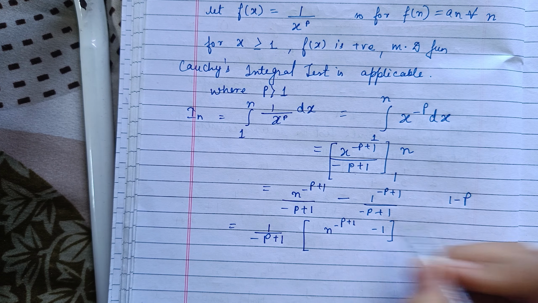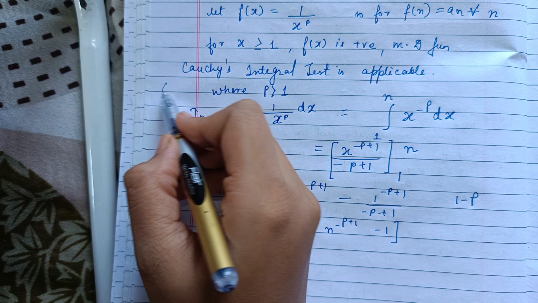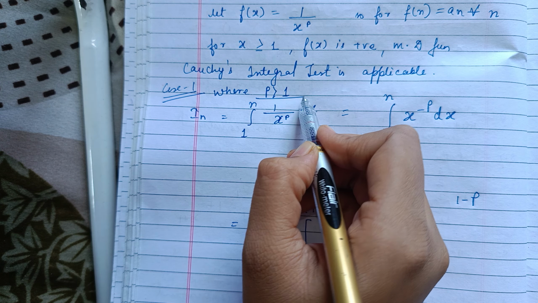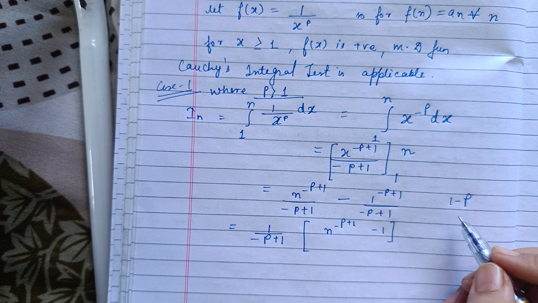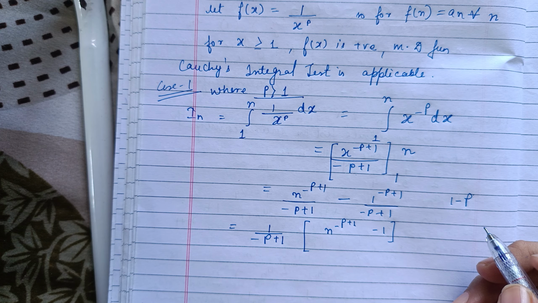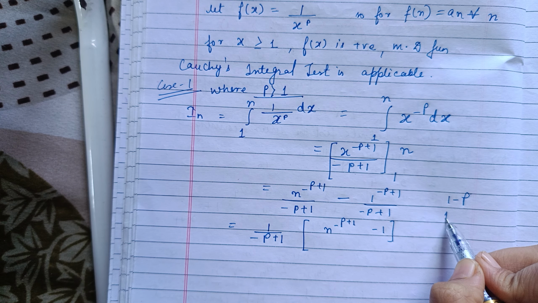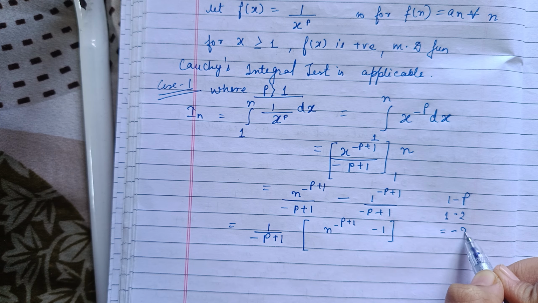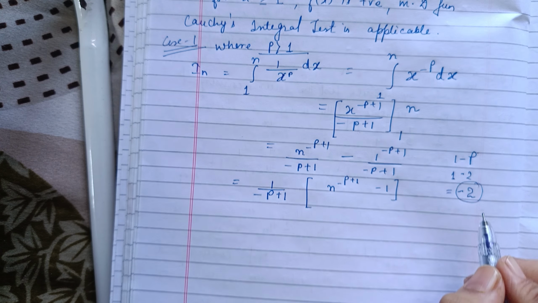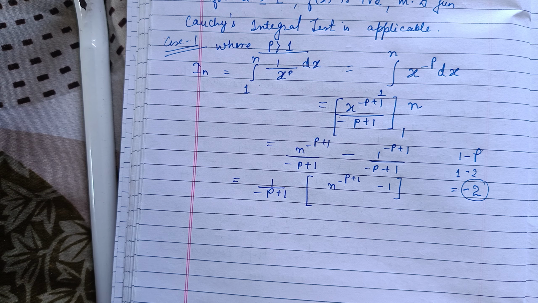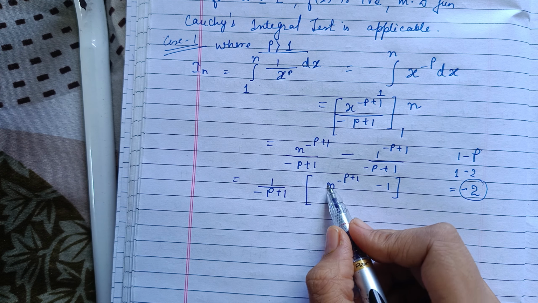All right. Now this is actually 1 minus p. Now we have taken case 1 where p is greater than 1. If p is greater than 1, then this entire value will give you a negative result. See, if p is 2, greater than 1, 1 minus 2 will give you minus 2. Agreeing or not? Right, it will give us a minus 2. But I want a positive result because I want something which is positive in the power.